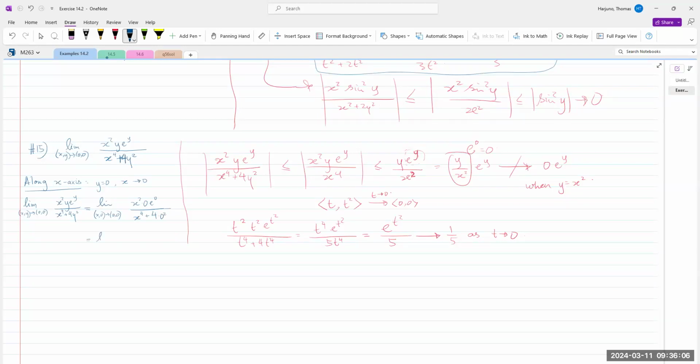That is already 0 on the numerator, right? So that's the limit as x goes to 0 of 0, that's 0.